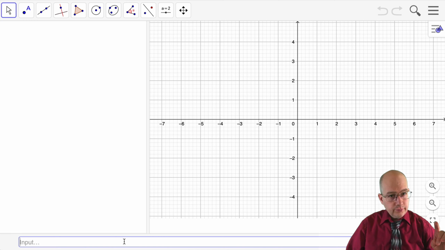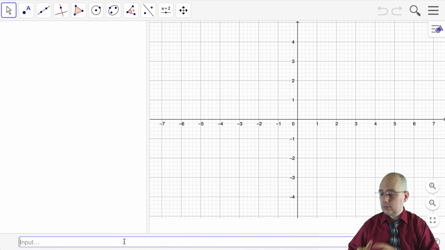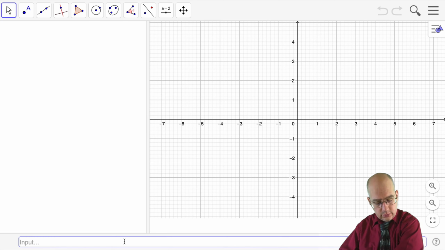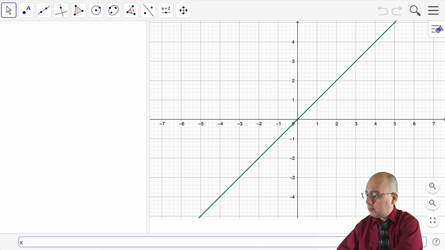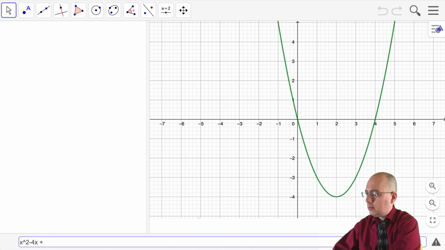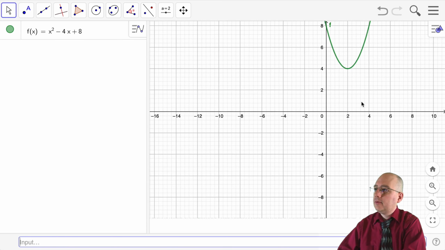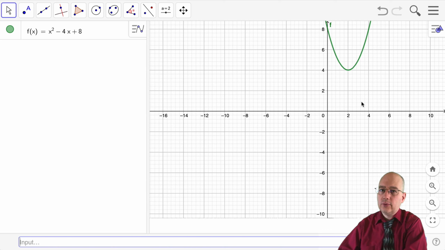So we have GeoGebra. What am I going to do? I'm going to graph this polynomial, plus 8. So that's the polynomial. You can see there's no real solutions. And you say, okay, well, this isn't going to help me find the complex roots, right? This is all real stuff.